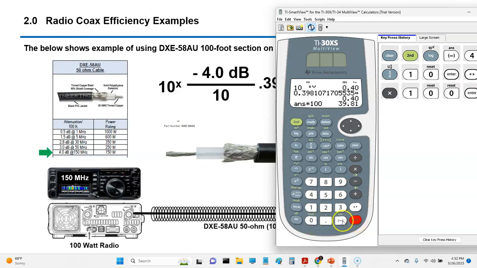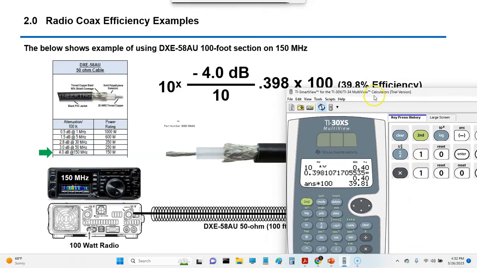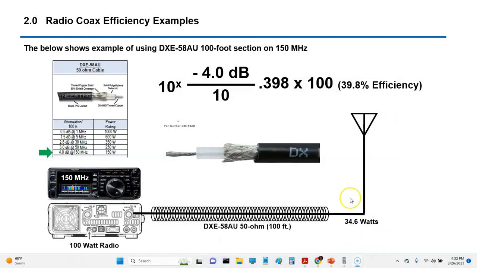That's going to give us 39.81 watts at the base of the antenna. So that's a typo on the slide, my bad. That should be 39 watts. I didn't fix the slide, but it's 39 watts. And so that's how you do that.